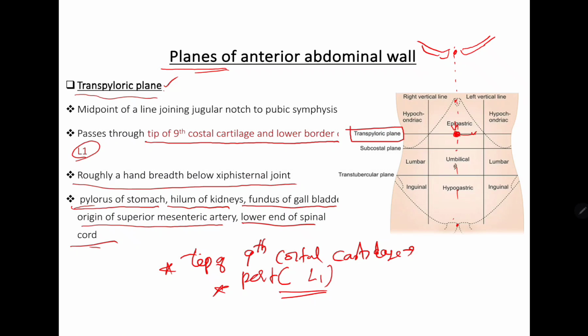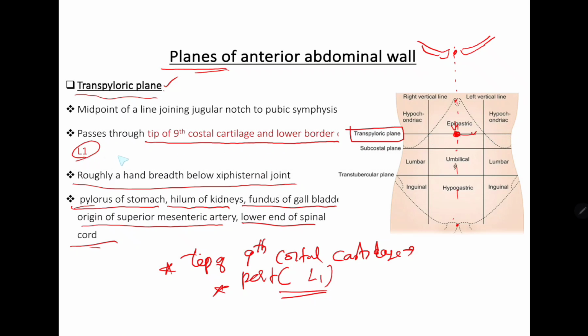So once again, what is the transpyloric plane? It is the midpoint of a line joining the jugular notch to the pubic symphysis. Anteriorly this line passes through the 9th costal cartilage, and posteriorly the lower border of the first lumbar vertebra.